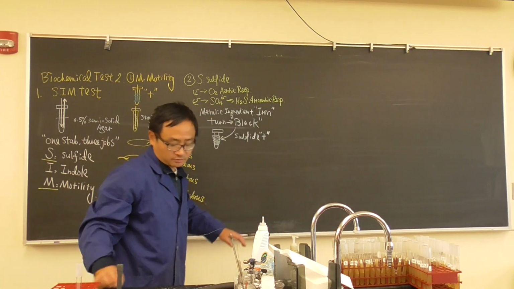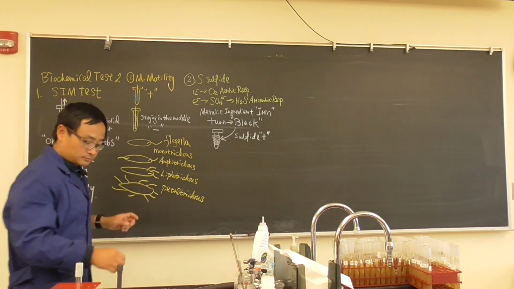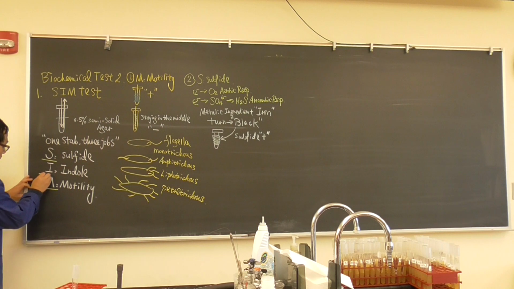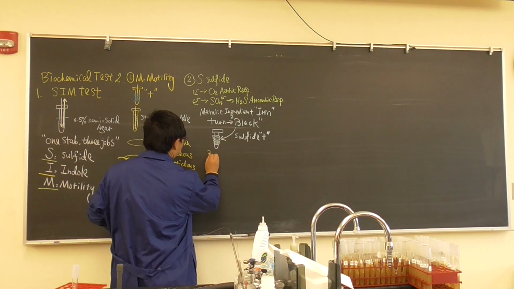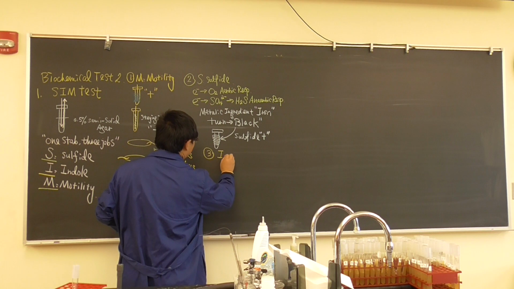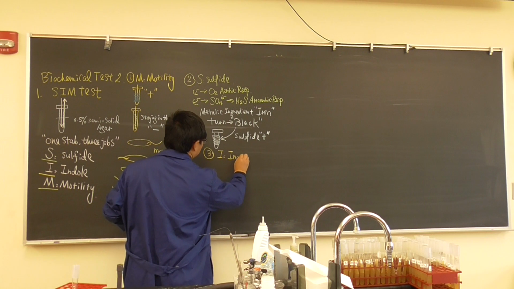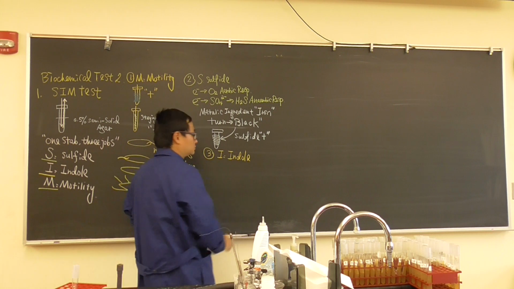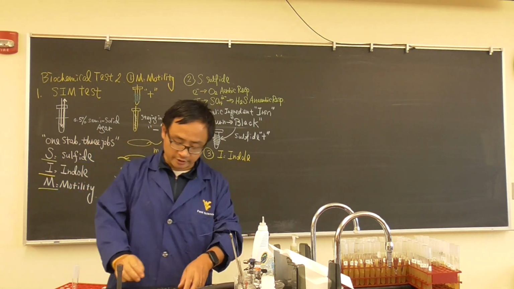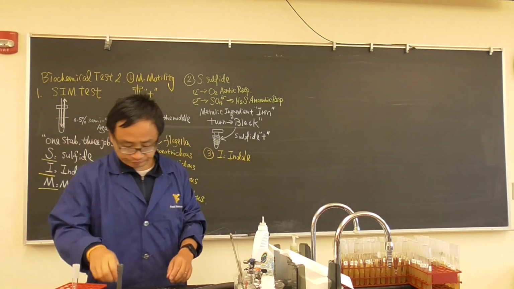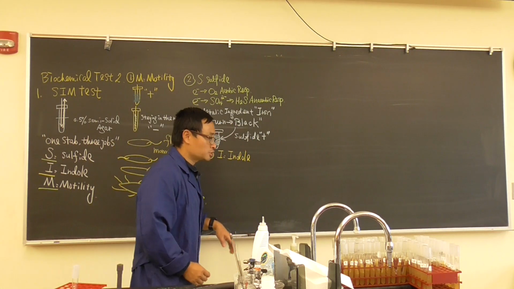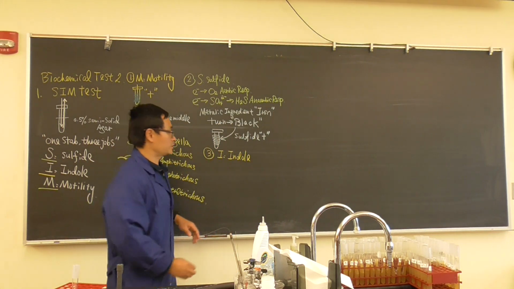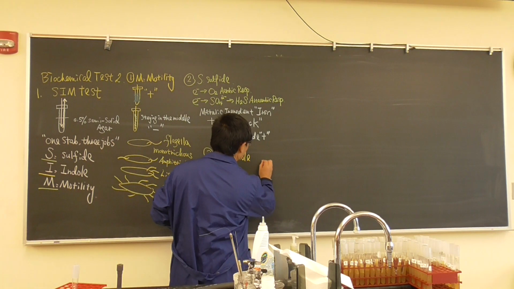Last one, indole. What is indole? It's a little bit difficult. I indicates indole. So a little organic chemistry. We need to know the structure of amino acid. What is that?